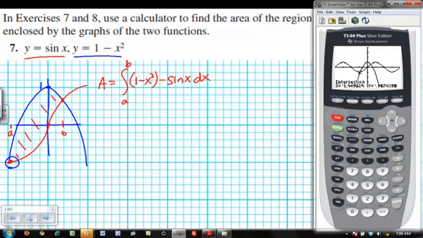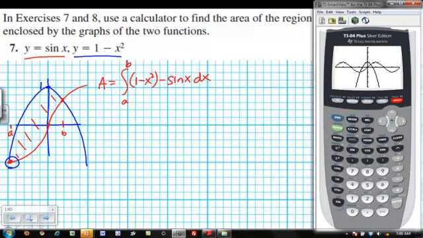I'm going to leave this screen for just a second, because I'd like to take that value, which was stored in x, and store it into alpha a for just a moment. Let's go back to the graphing screen and find that other intersection point.